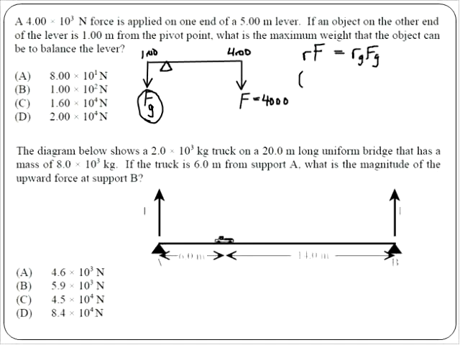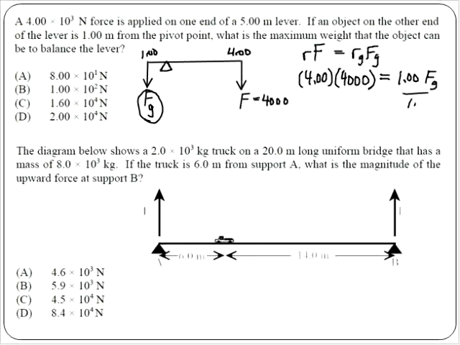We know that the R here is 4.00. The F is 4,000, which is really 4.00 times 10 to the 3, because all these numbers you'll notice have 3 sig figs. And then we've got RG on the other side is 1.00, and the FG we don't know.